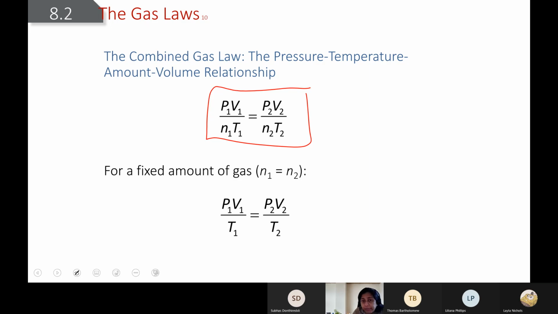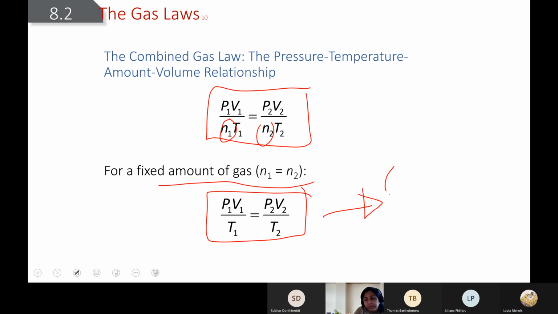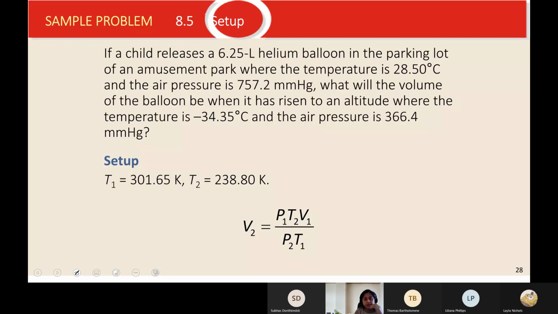If I apply this equation for a fixed amount of gas, where I am not changing the amount of gas, then N1 will be equal to N2 and I get this equation: P1 V1 over T1 equals P2 V2 over T2. We call this the combined gas law equation.